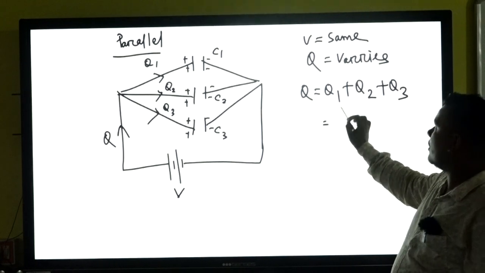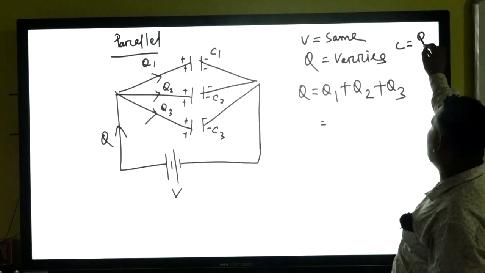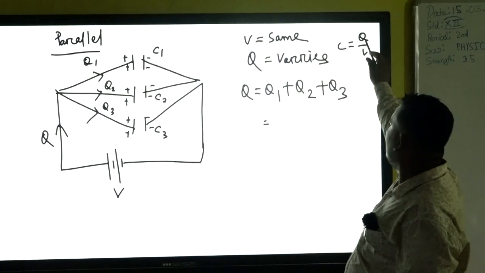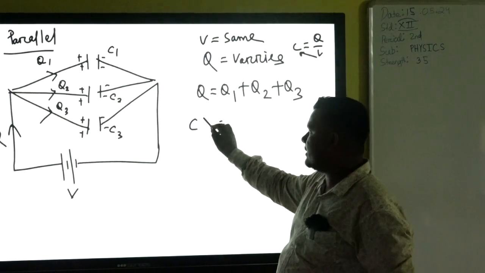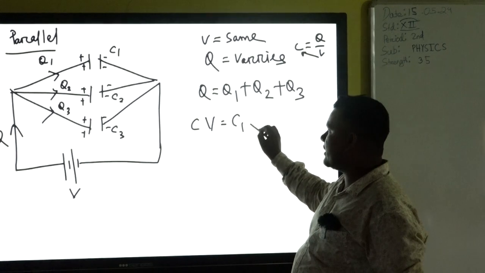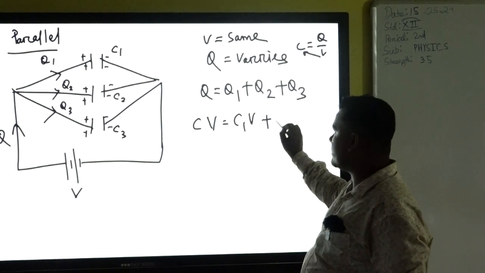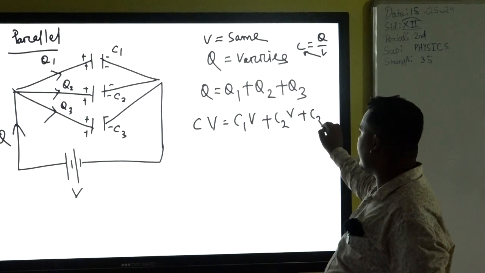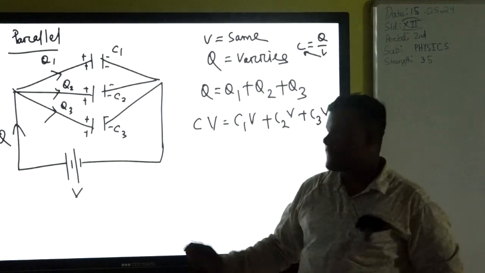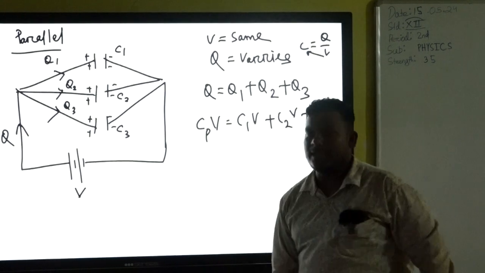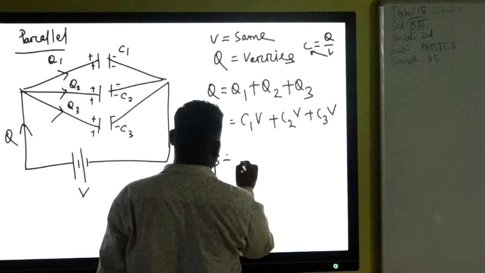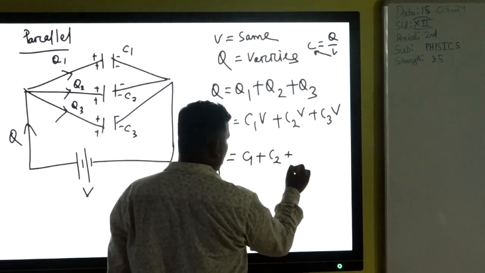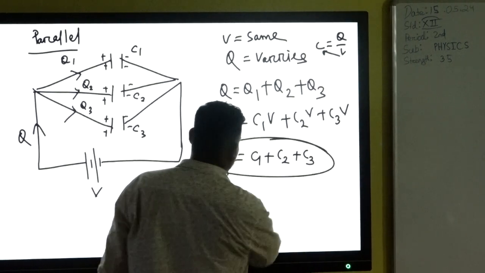As we have the formula C equal to Q by V, so Q equal to CV. So in this place I can write CV, in this place C1V, in this place C2V and C3V. So finally our final answer, P for parallel, will be Cp equal to C1 plus C2 plus C3.